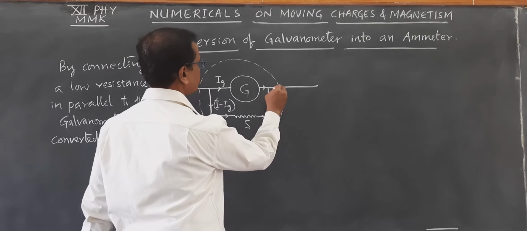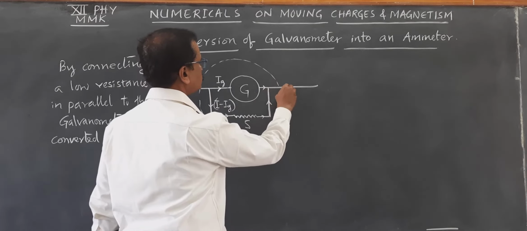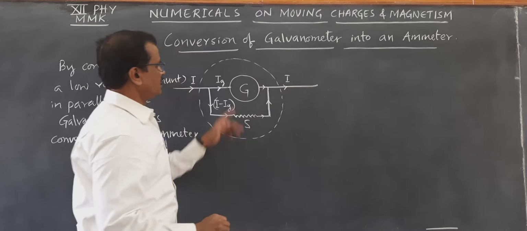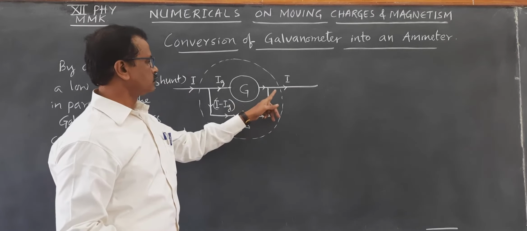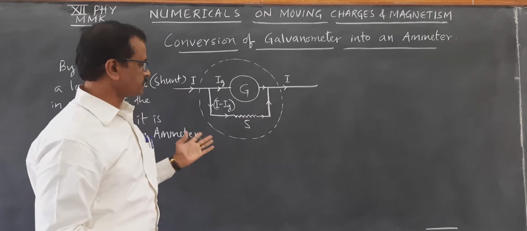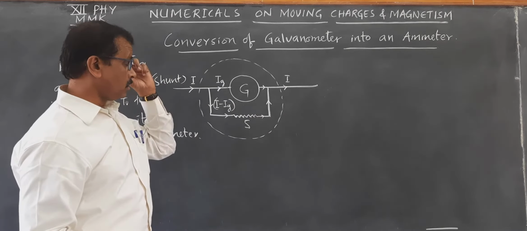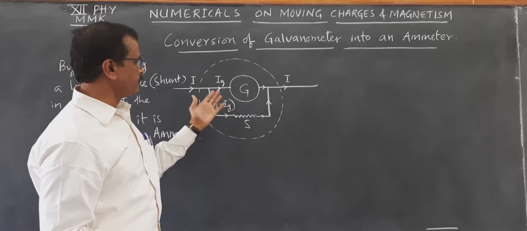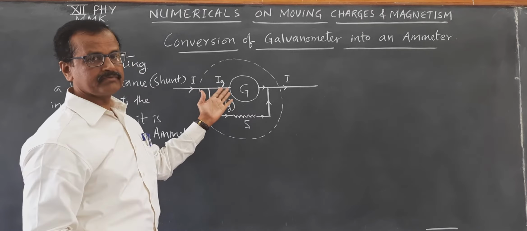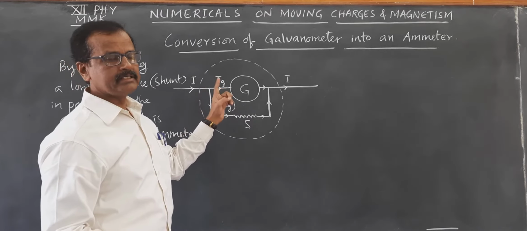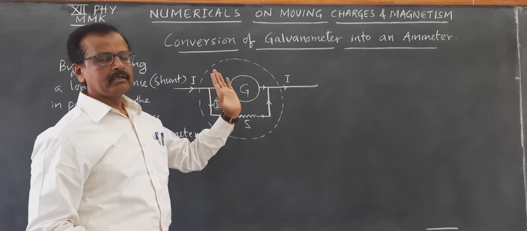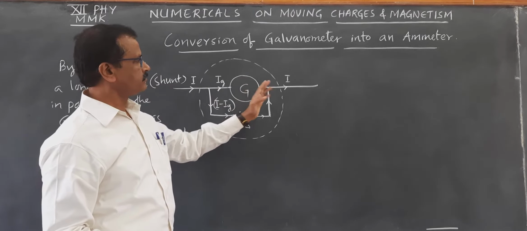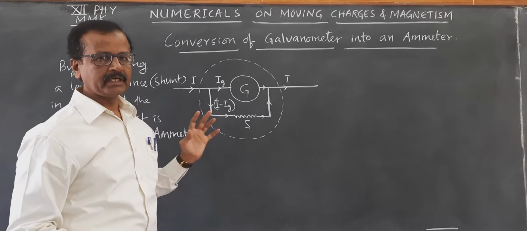So again, when you look at this other terminal, Ig plus I minus Ig cancels. The total current is going to be I, right? Now, how to convert a galvanometer which can read full scale deflection for a small current Ig into an ammeter which should read the full scale deflection for the total current I. That is our task.